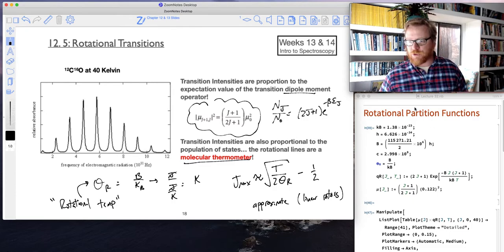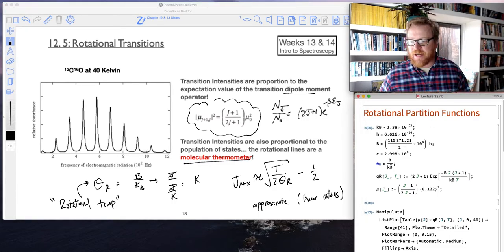So here I want to switch over to my Mathematica file, and you can see I've got the rotational partition function Q. I've also got this dipole moment equation put in here.